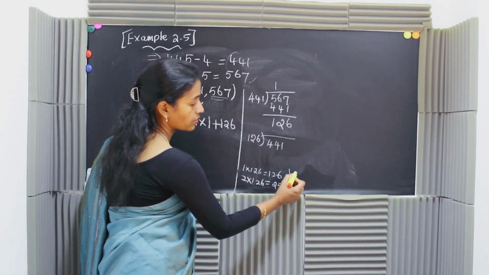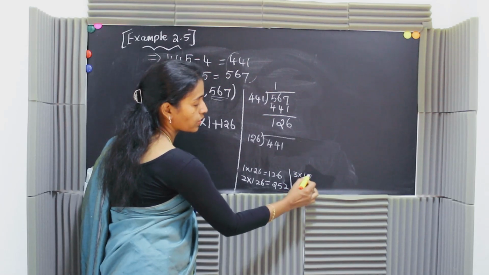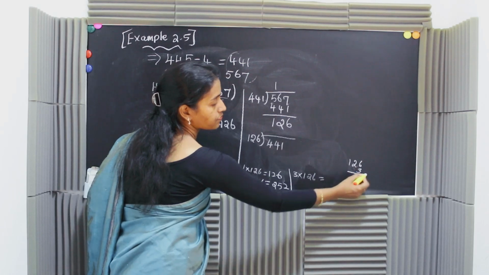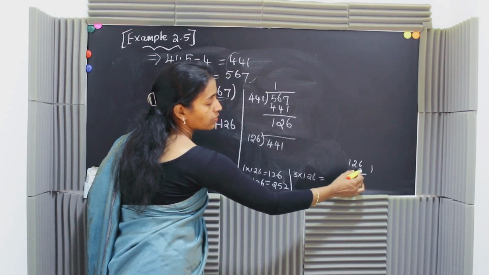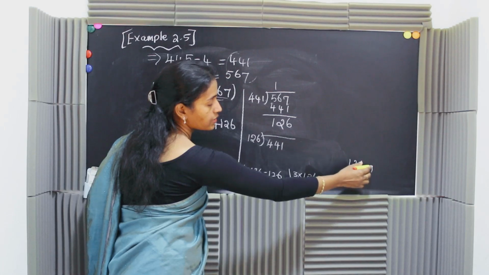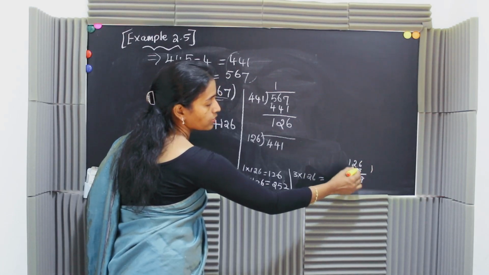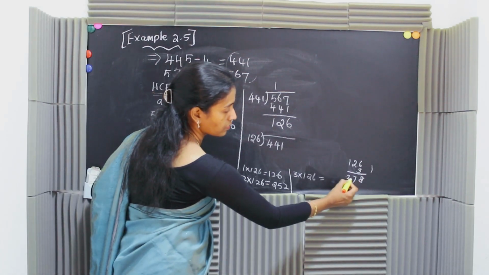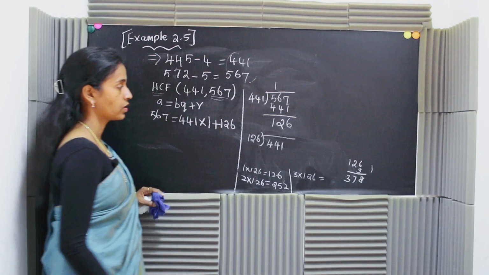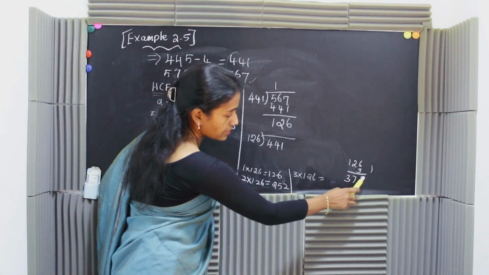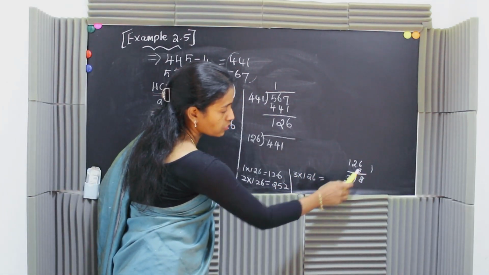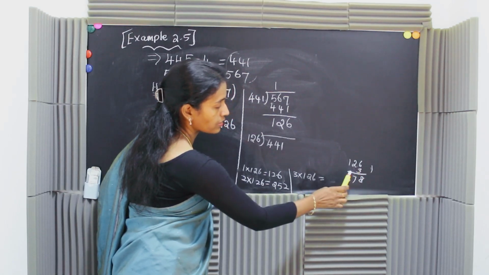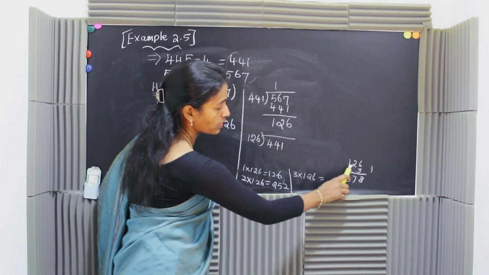Now we can try 3 into 126. 6 threes are 18, 8 will be coming here and 1 will be carried. 3 twos are 6. 6 plus 1, 7. 1 three is 3.